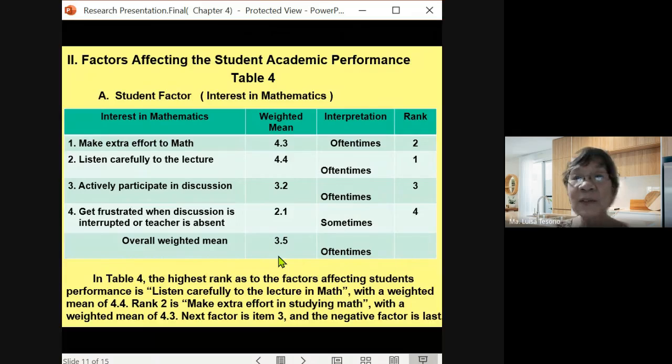The next factor is item 3, which is actively participate in discussion. And the last factor is get frustrated when discussion is interrupted or the teacher is absent.